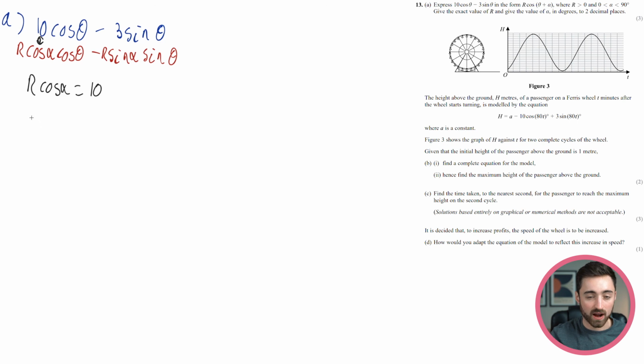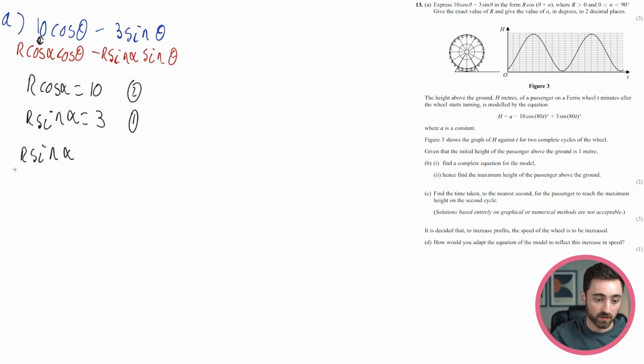So I'm not going to go through absolutely every step on how to solve these, but I will do it relatively quickly. So the first thing I'm going to do is equation 2 divided by equation 1, and that is going to get me r sine alpha over r cos alpha is equal to 3 over 10. R's cancel, sine over cos is tan, so I get tan alpha equals 3 over 10, which gets me alpha straight away.